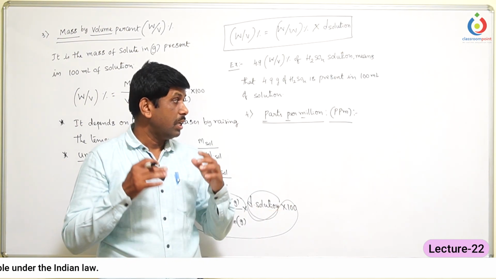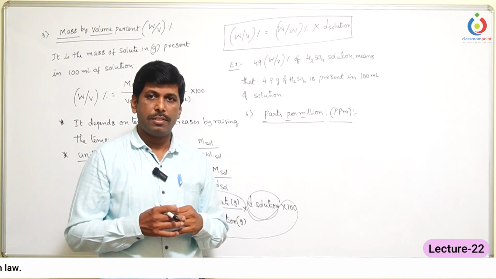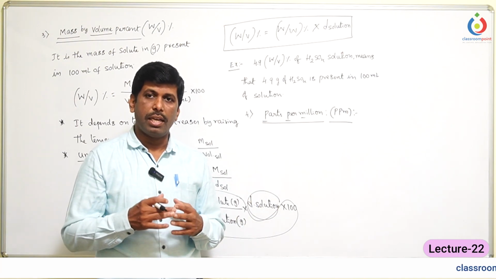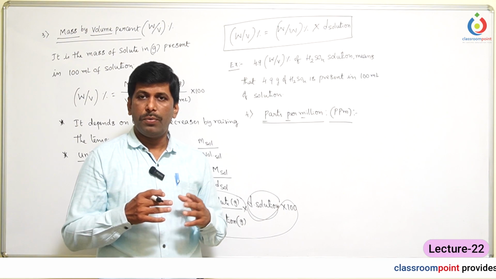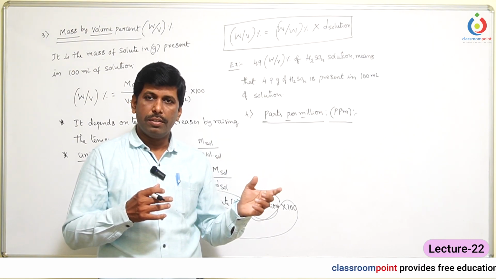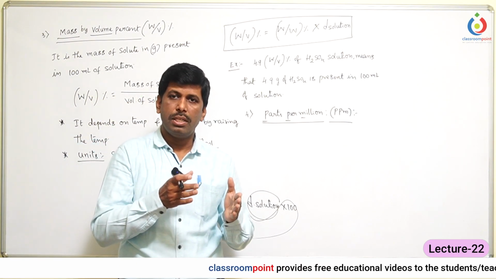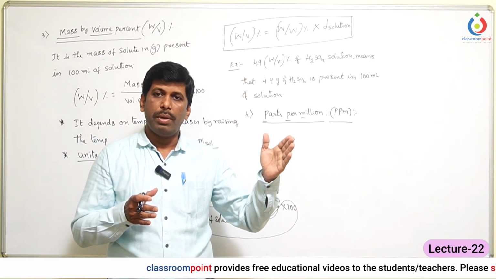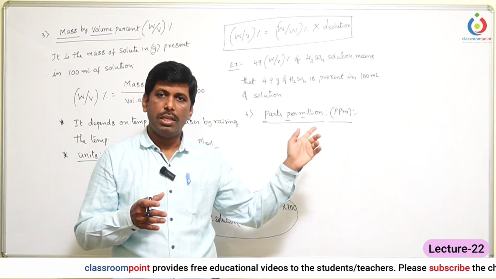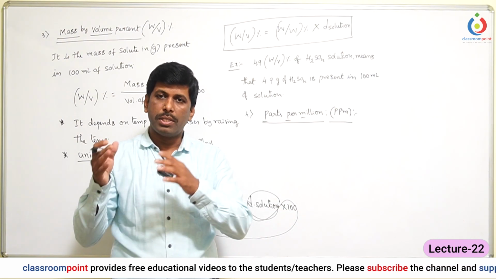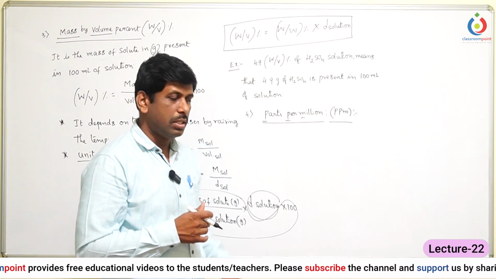So that is the reason why here we take 1 million parts, means 10 power 6, 10 lakhs is called 1 million. So if you take a liquid, the volume of the solute in ml present in 1 million ml of the solution is called the parts per million. In terms of the mass also we can take it. Now let us see the definition.